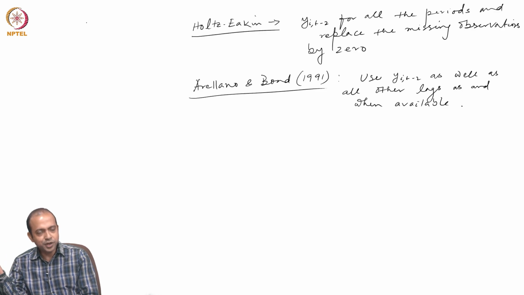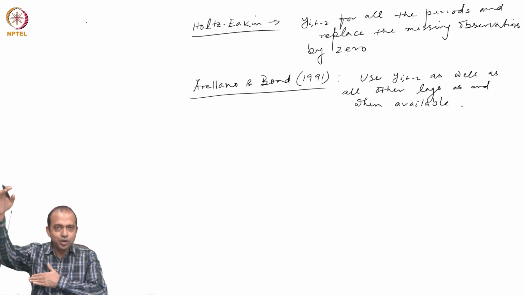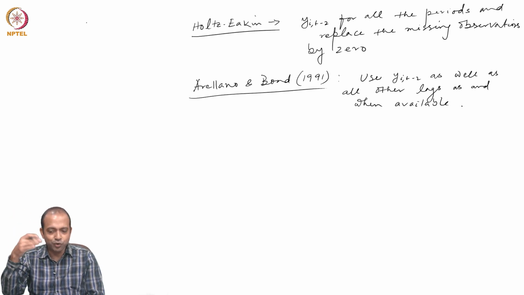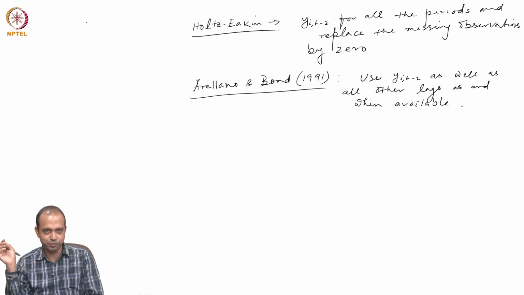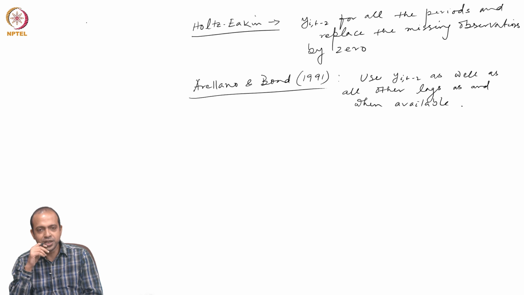When you go to fifth period, then Y_{i,t-2}, Y_{i,t-3}, Y_{i,t-4}, all these 3 are available. So, as we move on to the higher periods, we will get more and more lags, and we will include whatever is available, and missing observations, as Holtz-Eakin et al. suggested, we will replace by 0. In that way, Arellano and Bond increase the efficiency of their estimates.